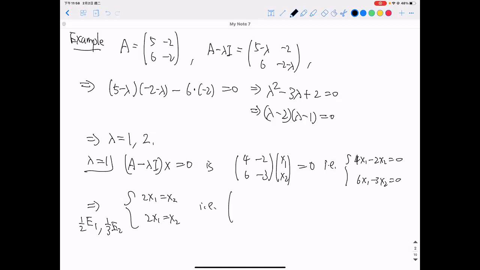So this is just telling you that the solutions are immediately readable. x1, x2 is just x1 is x1, x2 is 2x1. So this is x1 times the vector 1, 2. Okay. So what we now see is that these are all the eigenvectors.